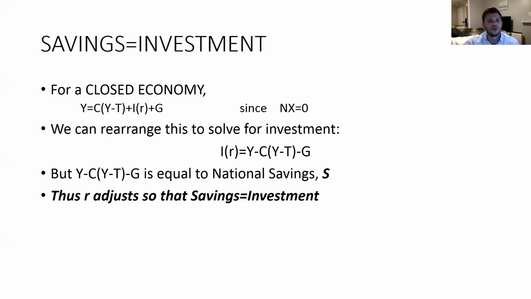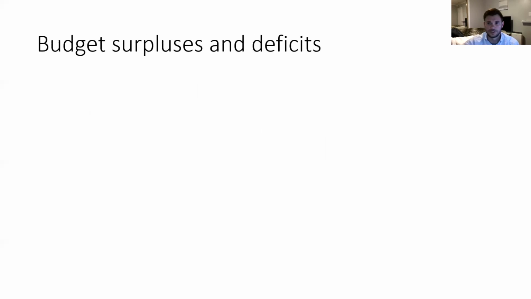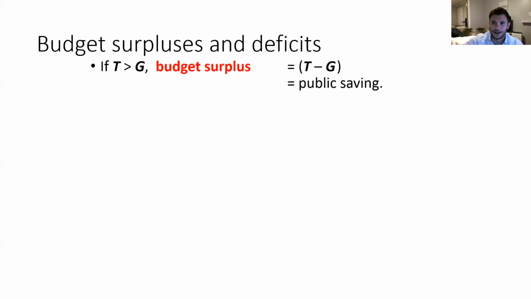While we're here, we also want to take the opportunity to define what budget surpluses and deficits are. If public savings is positive, if taxes exceed government expenditures, then we say that the government is running a budget surplus, and this is, unfortunately for the U.S., not a frequent occurrence. The last time we saw this was in the 90s under Clinton.